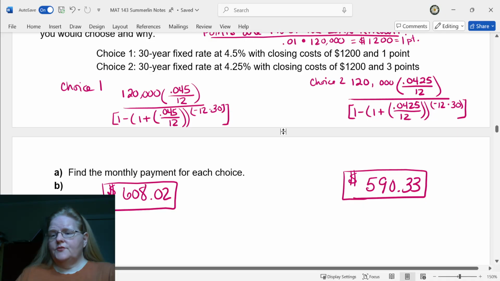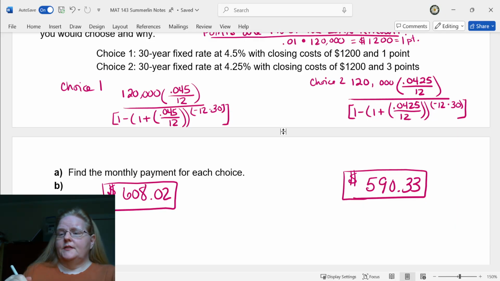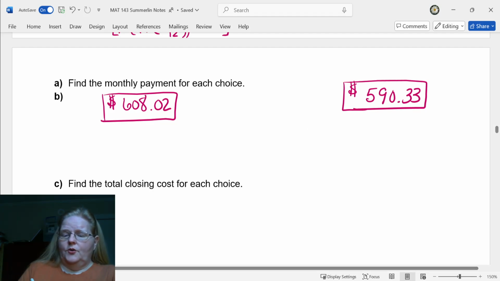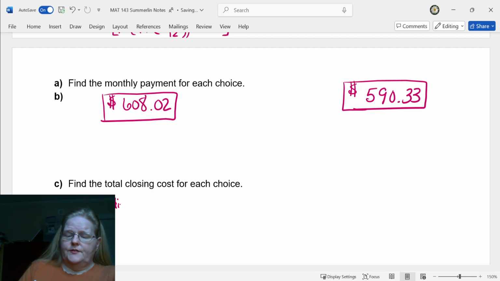Well, the closing costs for the first one said that we had 1 point and $1,200. So when we figure out our closing cost, our direct fees were $1,200, and then the points that we had to add was 1 point.